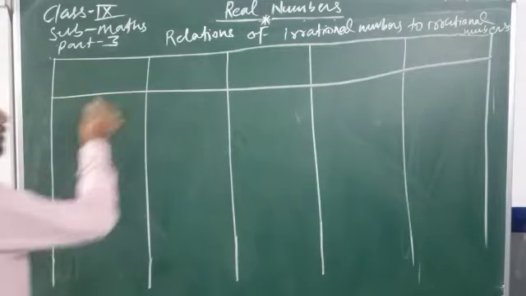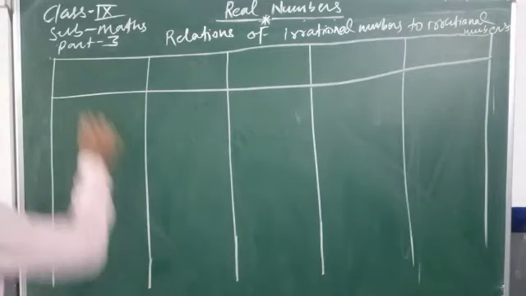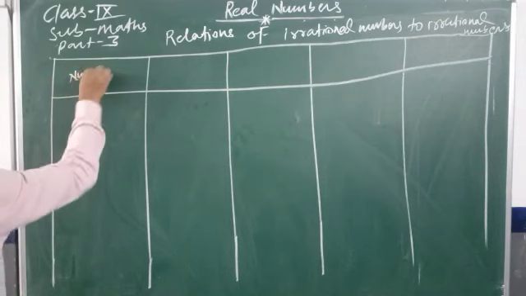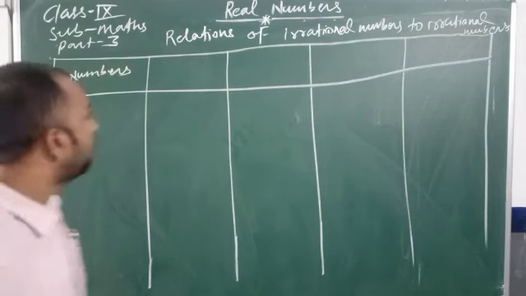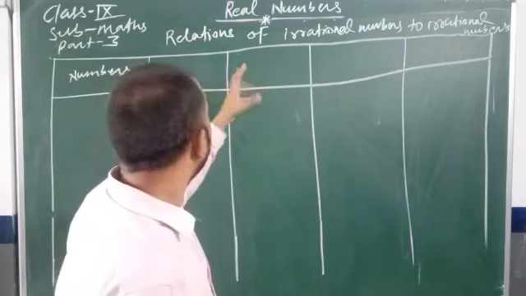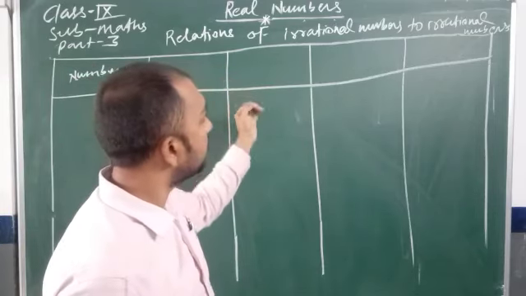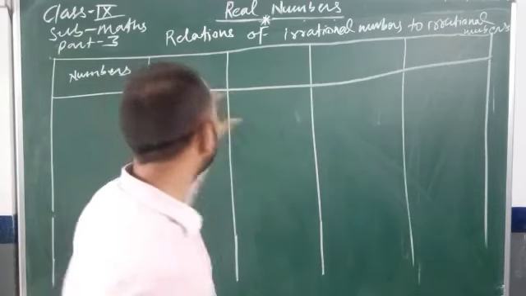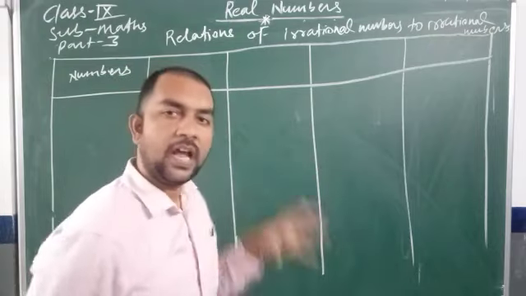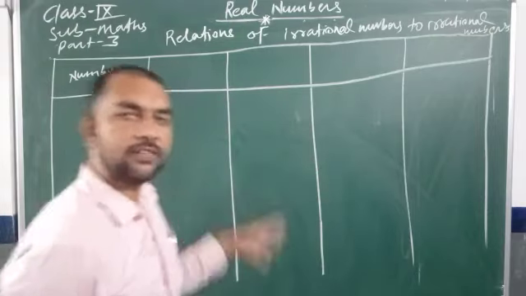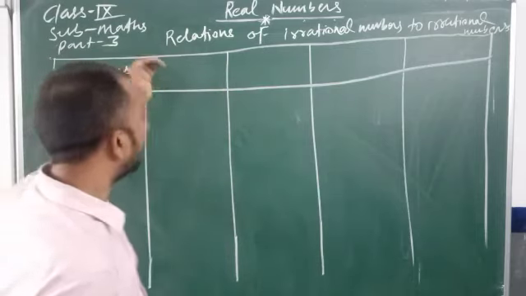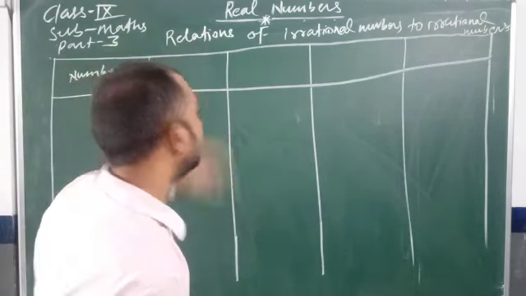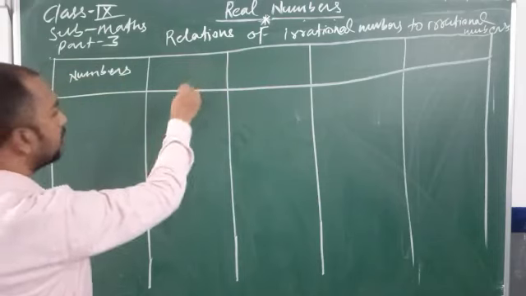In the first box, we write the type of numbers, means number types. We all know that to define the relations of irrational numbers to irrational numbers, we will use the mathematical operations: addition, subtraction, multiplication, and division. So we will write here all the operations that can be used to define the relations.